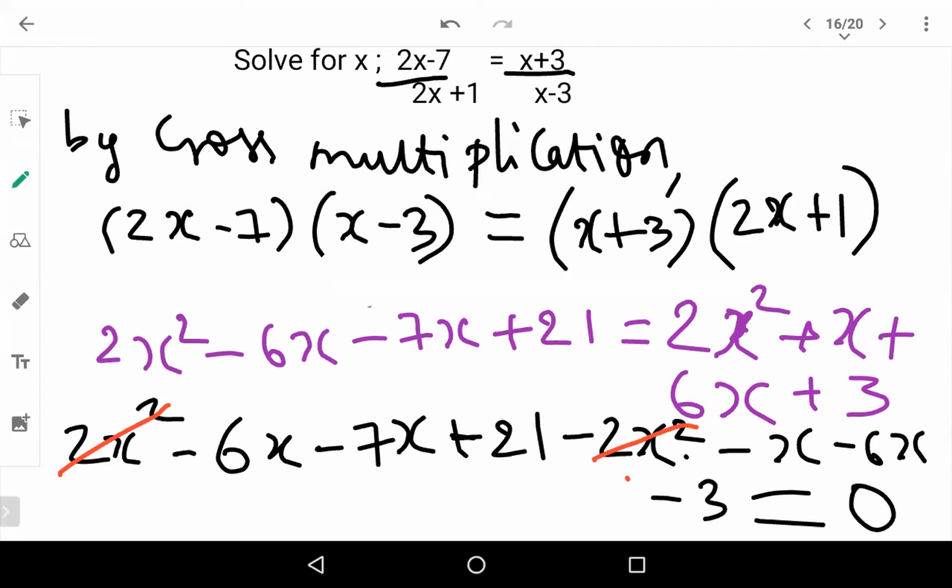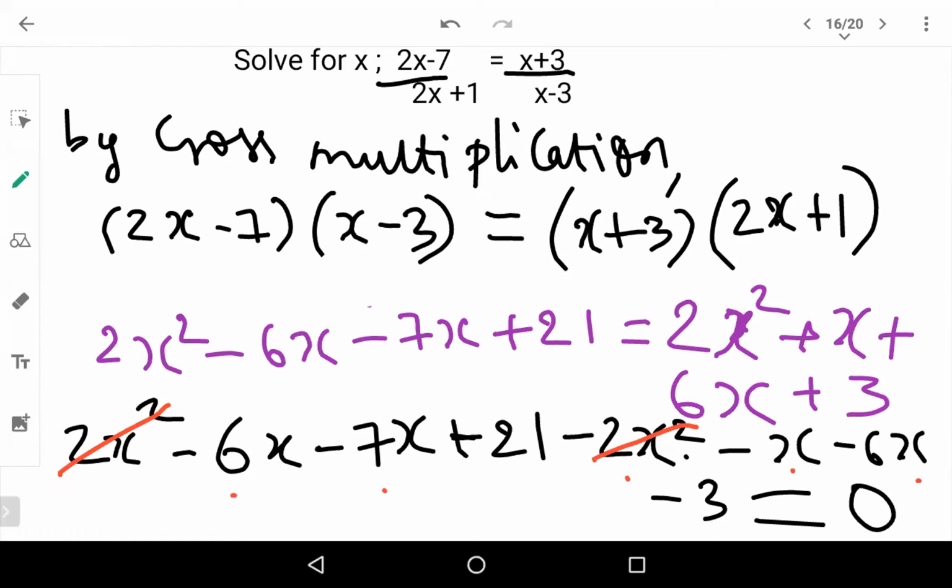Now whatever is remaining, let us take all of the x values to one place. So which x values do we have? We have minus 6x, minus 7x, and then minus 6x. Can you tell me how much will be the value? Okay, in between we have a minus x also. No, check properly.